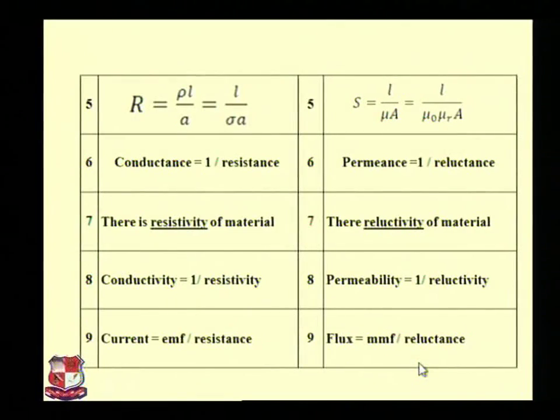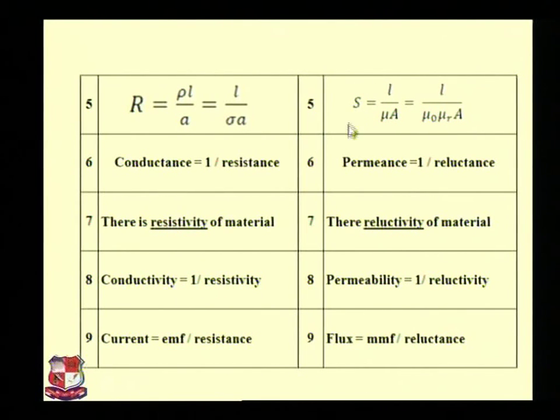So resistance is given by rho L upon A, or L upon sigma A, where rho is resistivity and sigma is conductivity.